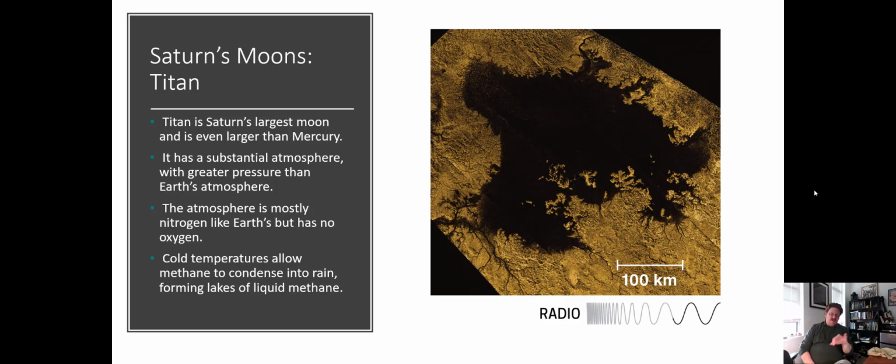You can see the lines running through it of the river, what appear to be riverbanks or the river delta. You have islands within the lake, and so I recommend comparing this with lakes on the Earth.